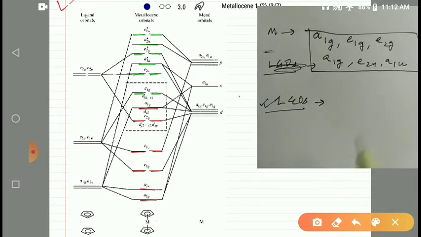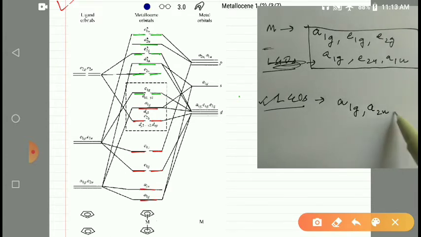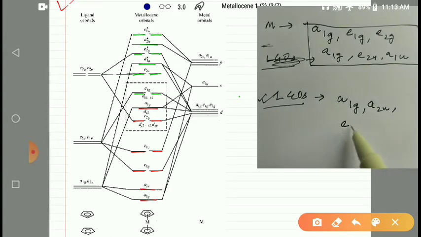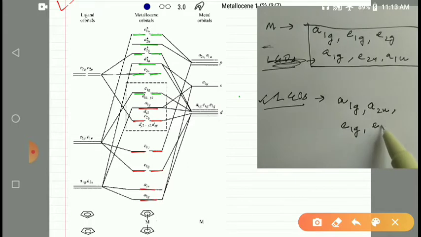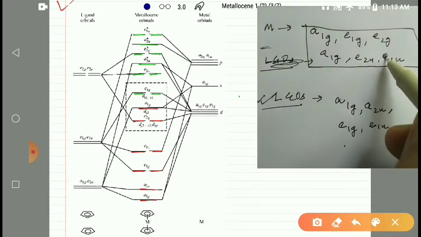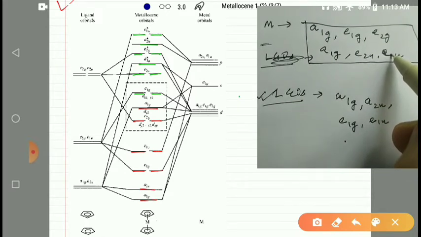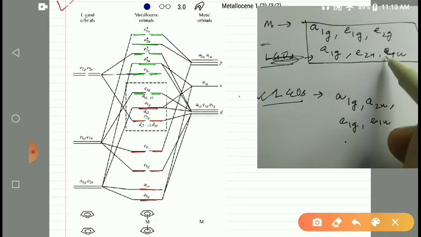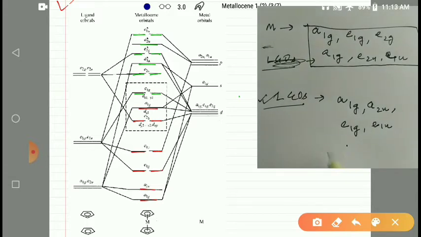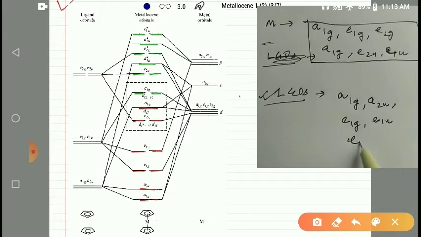So here we have A1G, A2U, E1G, E1U, and here E2G and E2U.